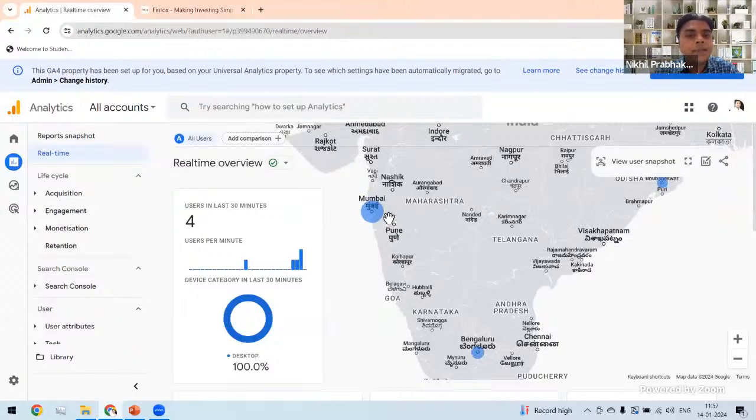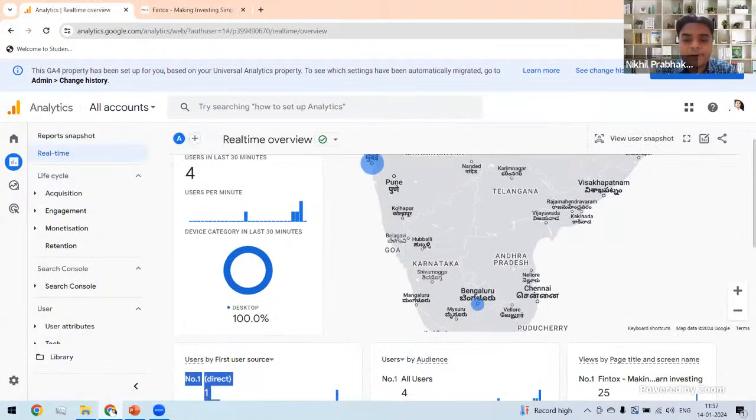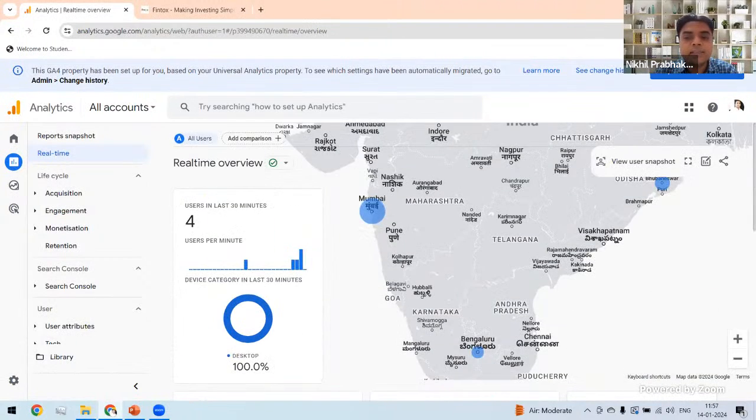So see, the best thing is in real time, you're getting this information about where the users are coming from and what they are doing on your website. Do you think this is useful information for marketing? Would you consider this information somewhere in your campaigns? Yes, right. So for example, if you are working for a company like Policy Bazaar, now Policy Bazaar is selling insurance, right?